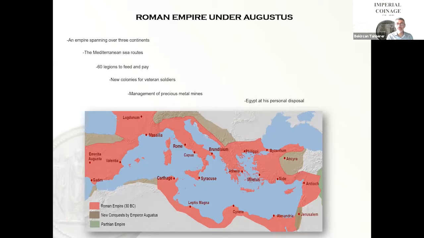And in the meantime, he simply kept Egypt at his personal disposal. So, as if all the revenue that he gets from everything else is not enough, he started a tradition for all the Roman emperors for quite a long time, at least 300 years, to use Egypt as their personal money box.